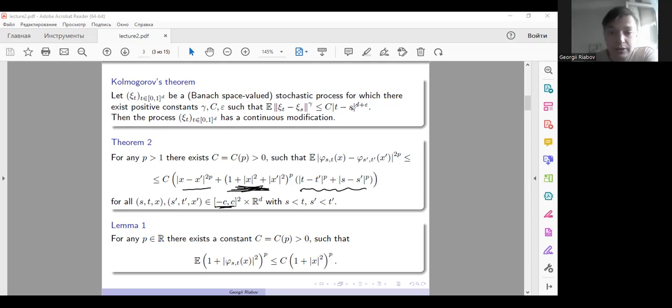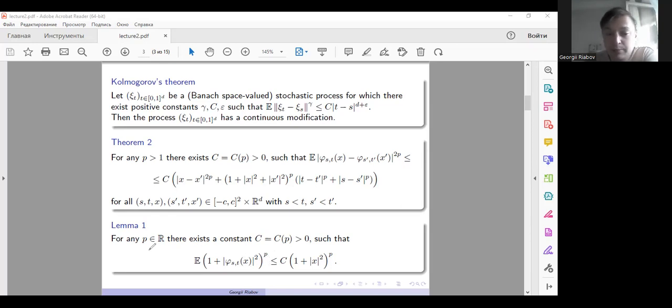Okay, so now let's discuss the proof of the estimate. The first result I will show is that the expectation of the norm of the solution squared, actually this is the expectation of the norm to the power 2p.